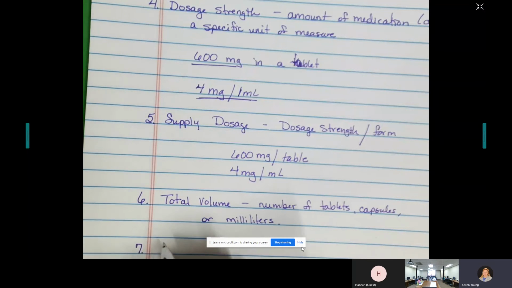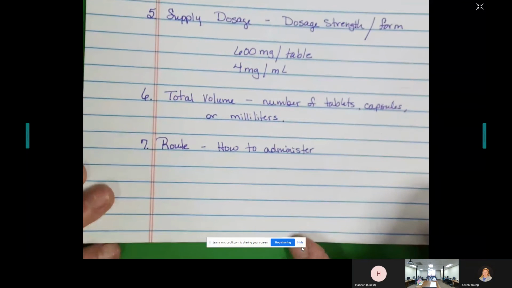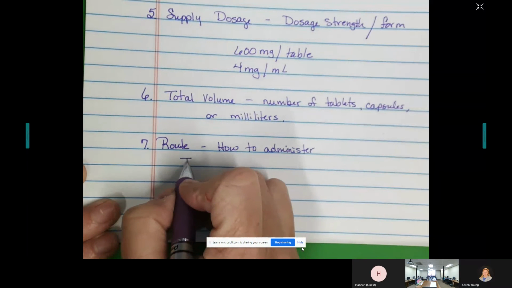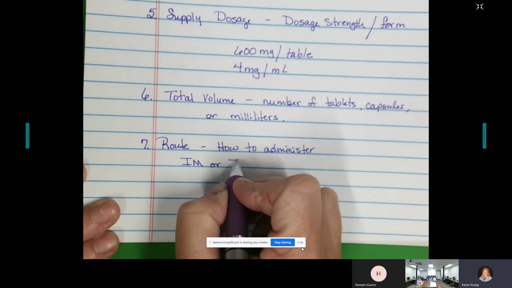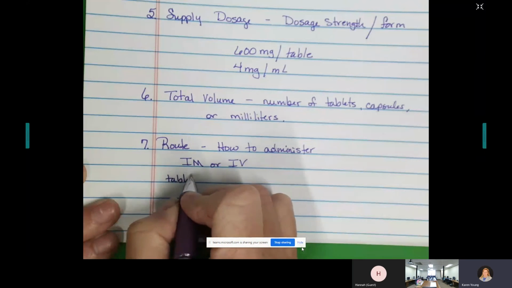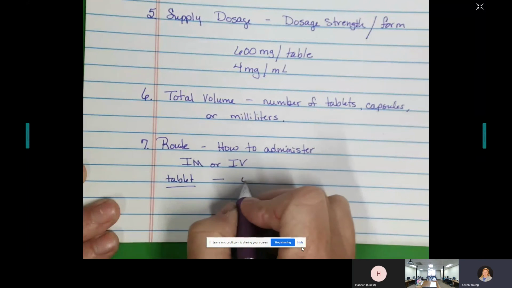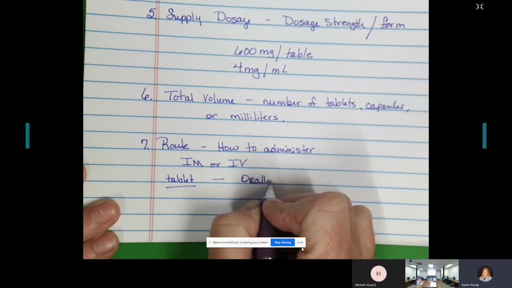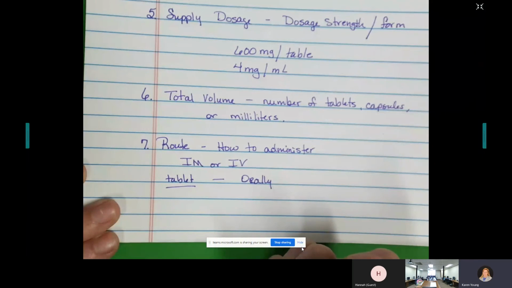And the drug label will always give you the route. So how you're going to administer it, it'll always tell you how. So your route, you know, may say IM or IV. If it says it's tablet form, or if it says it's a tablet, then your route's going to be orally or by mouth.